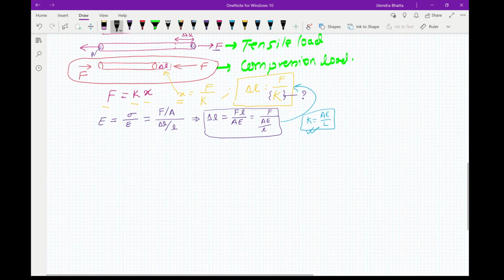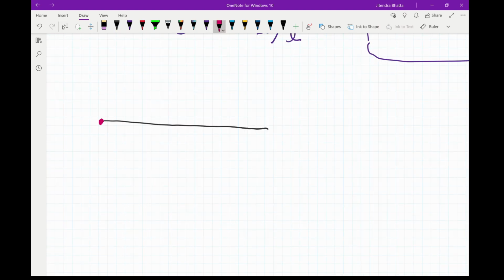Let's take this bar element again. You can see here that there are two nodes, node 1 and node 2. Therefore, you'll be solving for forces at node 1 and node 2. Let's say the force at node 1 is F1 and the force at node 2 is F2. Similarly, you'll also be solving for your displacements. So let's say your displacement at node 1 is U1 and at node 2 is U2.